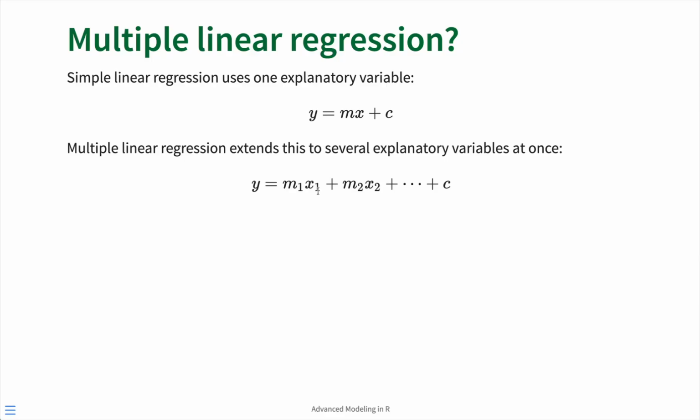So here we have x1 and x2. And then each one of those gets its own slope. So we have slope m1 corresponding to explanatory variable x1, and similarly slope m2 corresponding to explanatory variable x2. In both cases, we only have one intercept. And also in both cases, we only have one response variable.